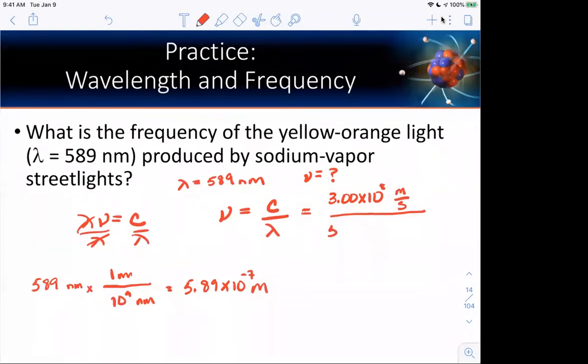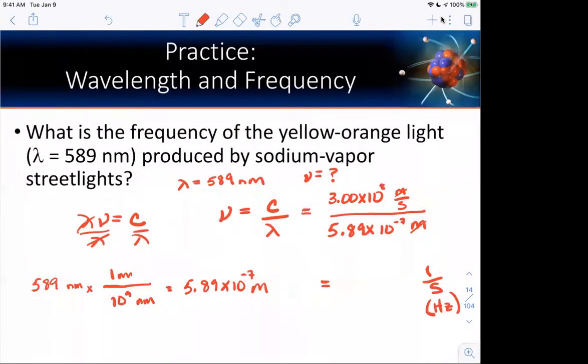Now notice the meters is going to cancel, so my units here are going to be 1/seconds, or hertz. So I know by using the units that I'm in the right ballpark.